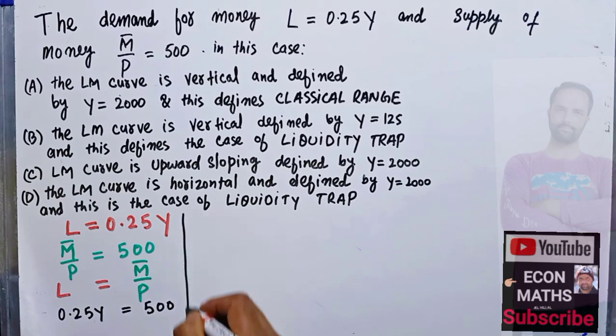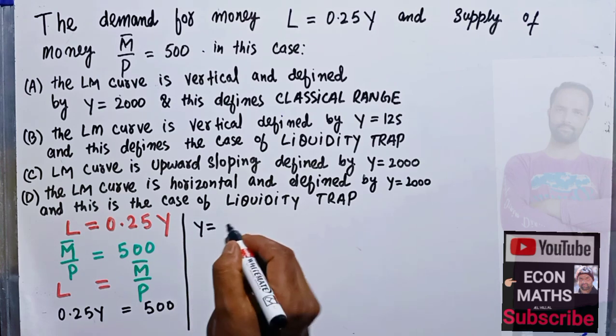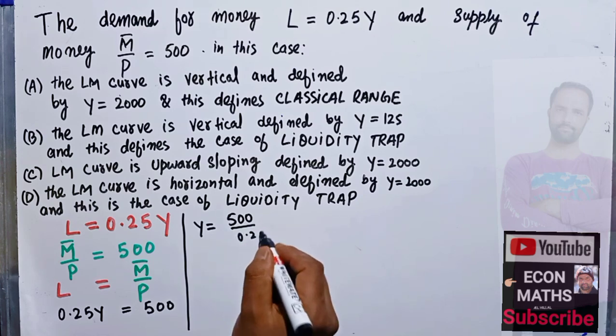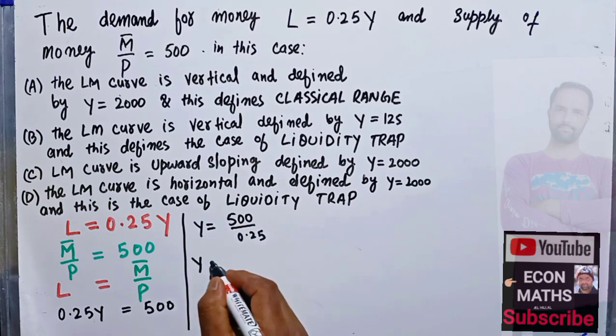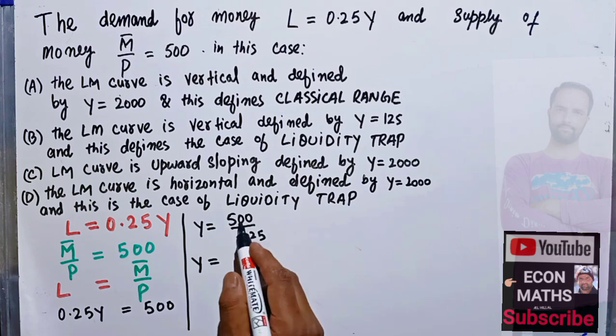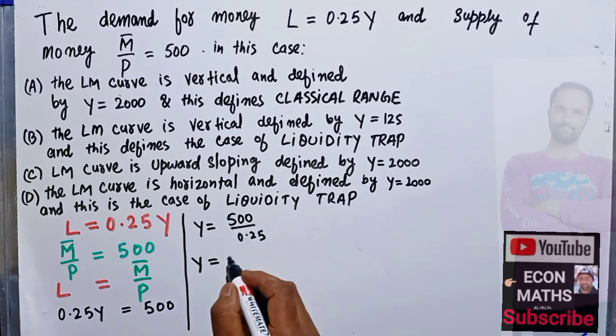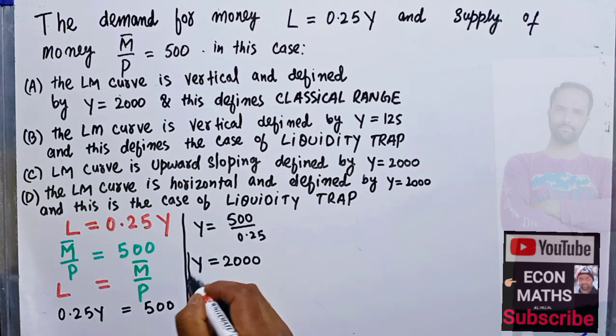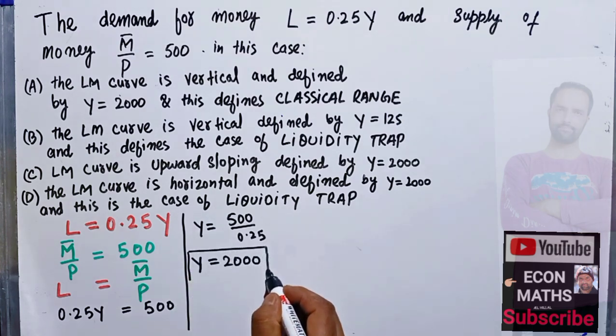This gives us y equal to 500 divided by 0.25, which comes out to be 2000. So this will be our LM equation in this case.